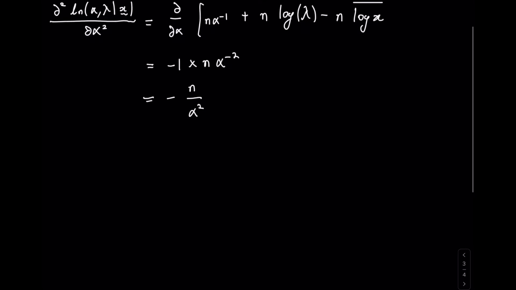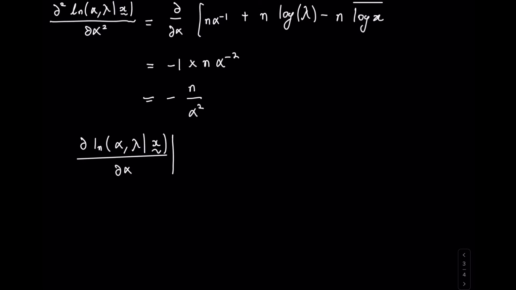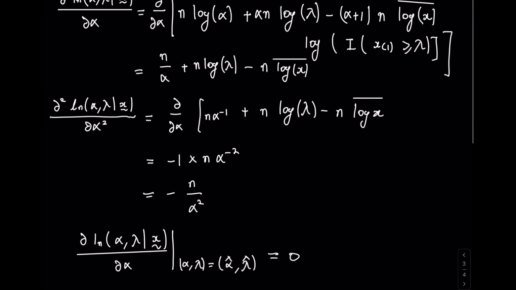So to find our alpha hat, or our maximum likelihood estimate of alpha, we note that the derivative of the log likelihood function, given the data, evaluated at alpha, lambda equal to alpha hat, lambda hat, must be equal to 0. That's how we determine our value of alpha hat, lambda hat.